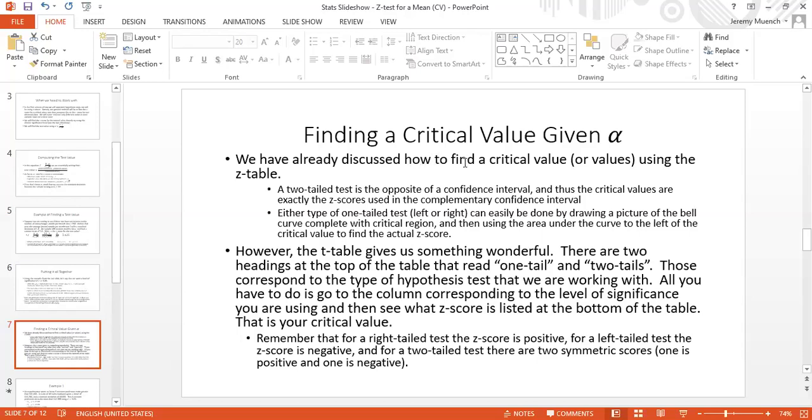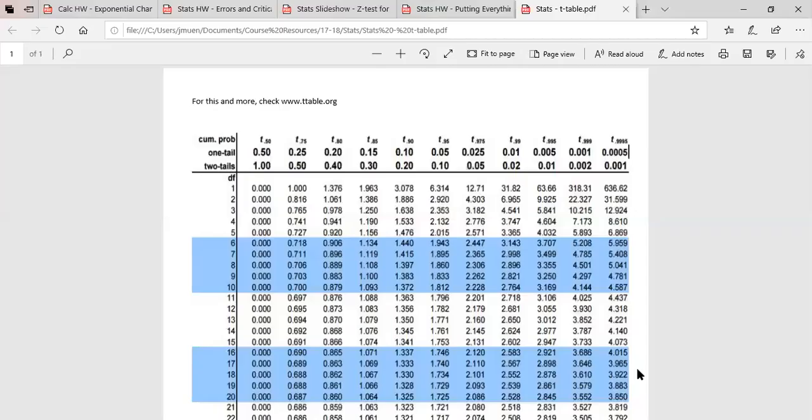In terms of alternative ways to find a given alpha, the t-table, once again, is actually a nice shortcut here. We've already talked about finding critical values in the normal way, just using a z-table. But if we go to the t-table, it's actually going to help us out. So we wanted a one-tailed test for alpha equals 0.05.